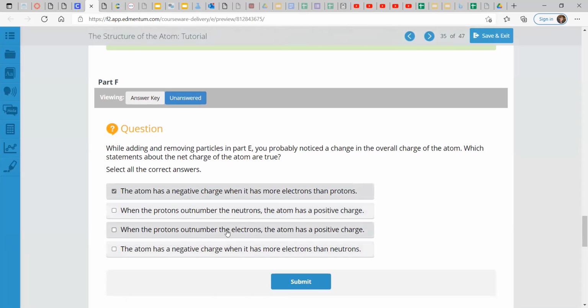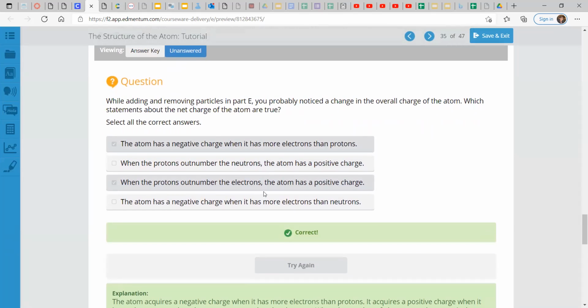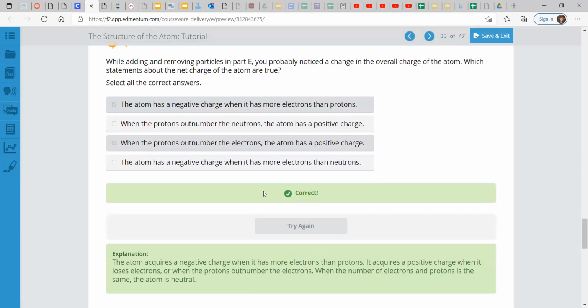No. When the protons outnumber the electrons, it has a positive charge. If there are more electrons than protons, it's negative. If it has more protons than electrons, it's a positive charge. More electrons than protons, negative. Exactly what it says here.